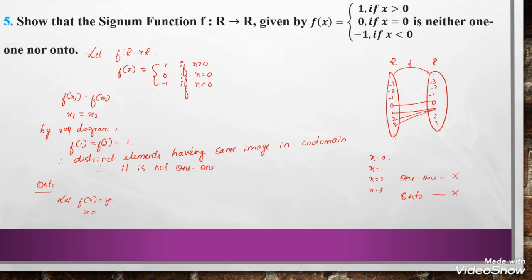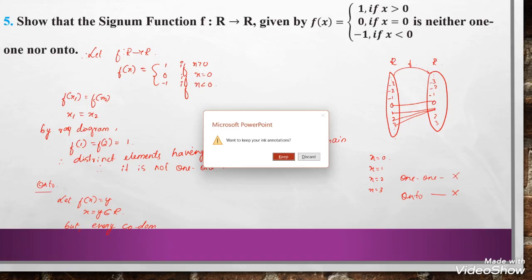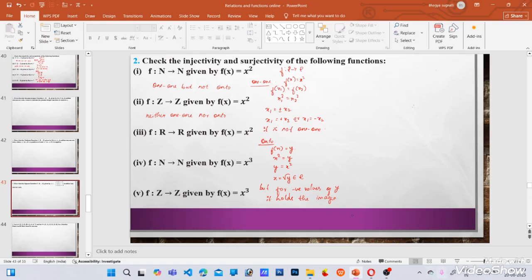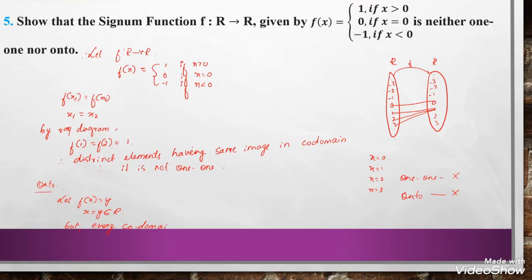Here y belongs to the real numbers, but every element of the codomain does not have a proper pre-image in the domain, and some of the elements do not contain any pre-image in the domain.